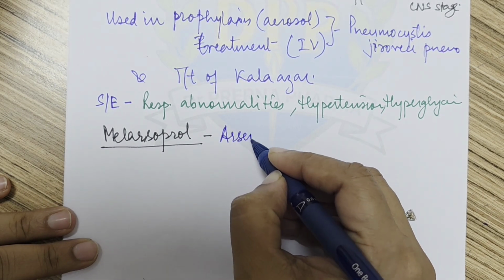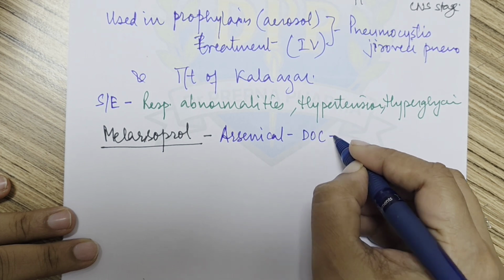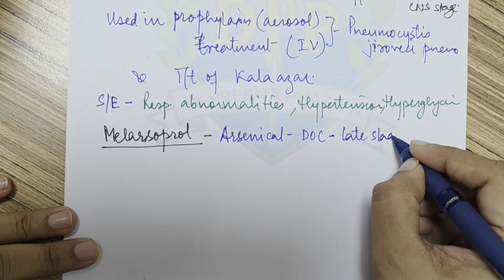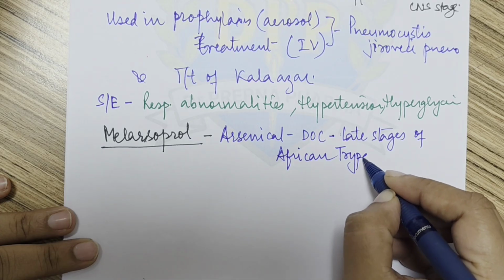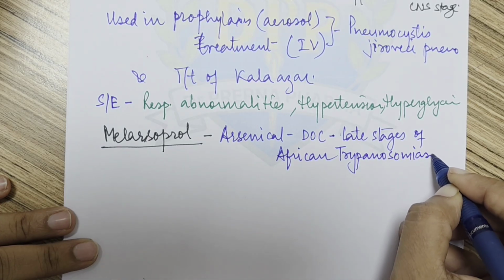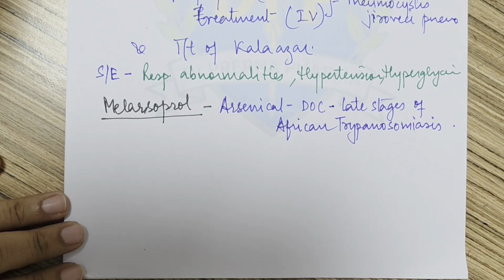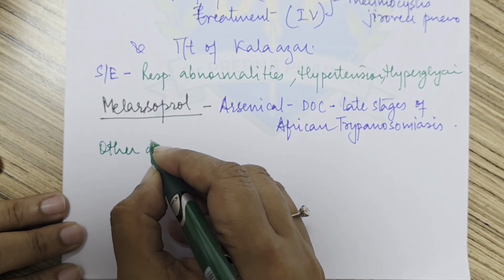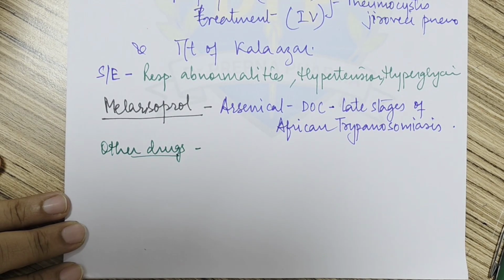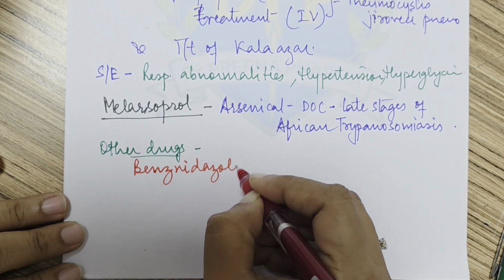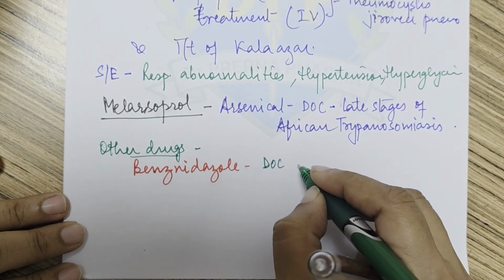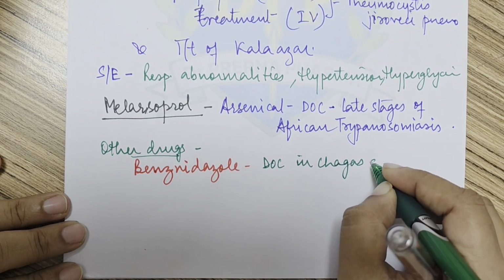This is basically an arsenical and it is the drug of choice in late stages of African trypanosomiasis. Okay? The third drug that we have, other drugs, I'll say. In other drugs, we have benznidazole. This is the drug of choice in Chagas disease.